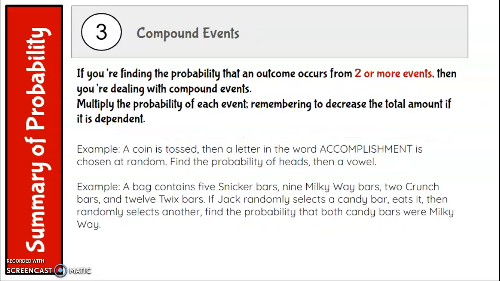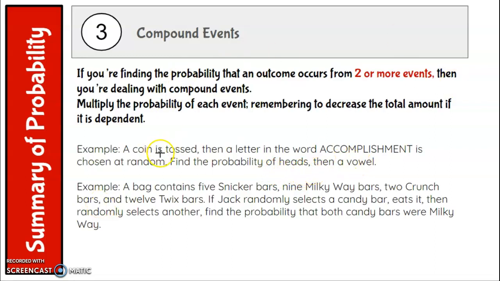If you're finding the probability that an outcome occurs from 2 or more events, so something's happening over and over again, then you're dealing with compound events, and you just multiply the probability of each event, remembering to decrease the total amount if it's dependent. So for example, a coin is tossed and then a letter in the word accomplishment is chosen at random. Find the probability of heads and then a vowel.